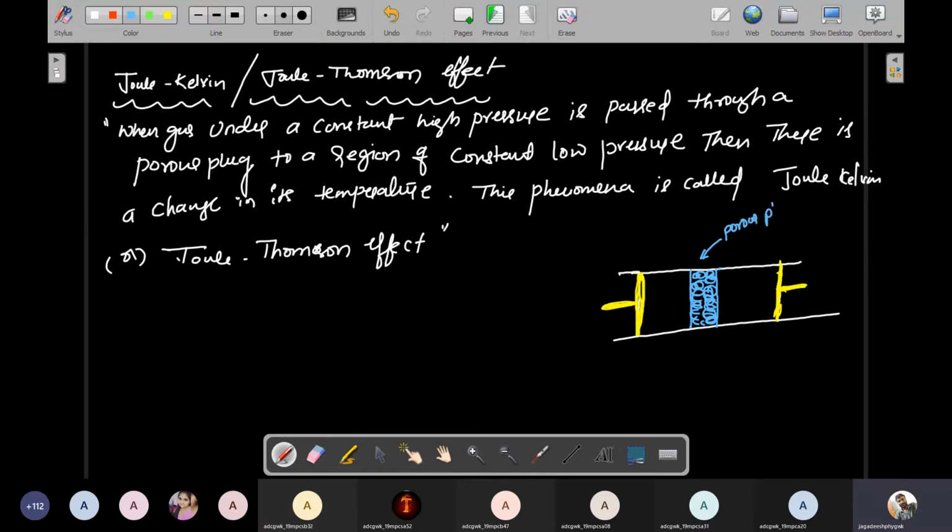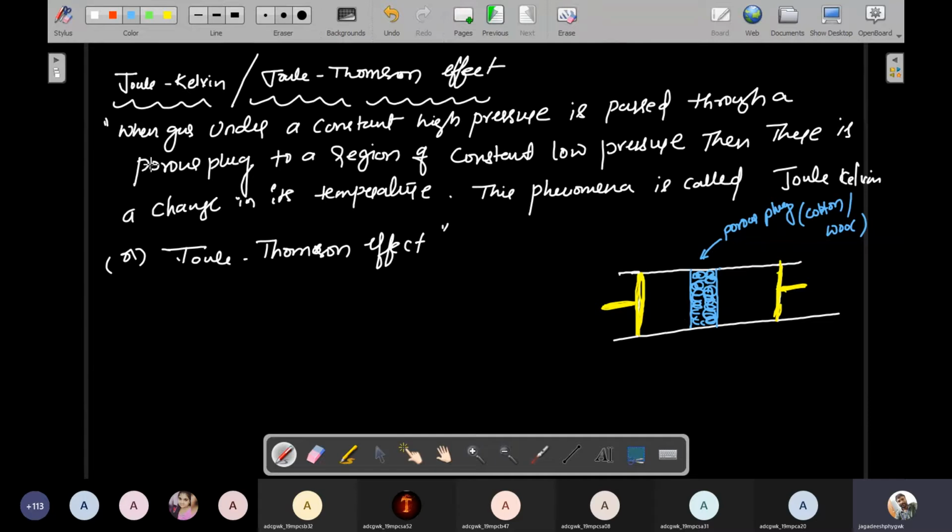So it is like an adiabatic wall, because with cotton wool there is no exchange of heat.